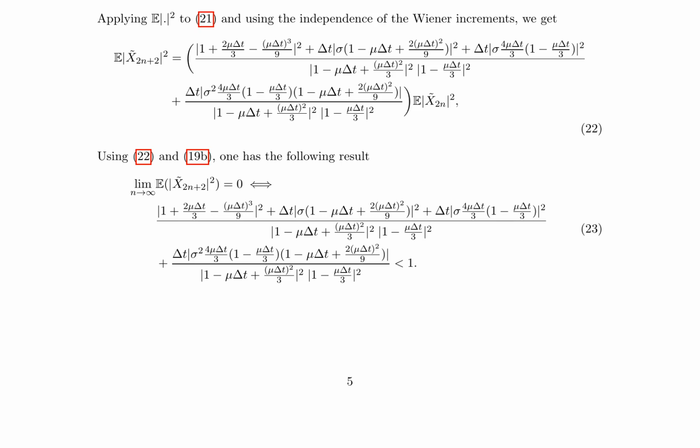By using this recursive relationship in equation 19b, the authors derive the result that the limit as n goes to infinity of E|x_{2n+2}|^2 equals 0 if the condition in equation 23 is satisfied, demonstrating the stability of the proposed method. This result is crucial for ensuring that the numerical approximation does not diverge over time. The author's analysis provides a rigorous foundation for using their method to solve stochastic diffusion equations, highlighting the importance of parameter selection to maintain stability.